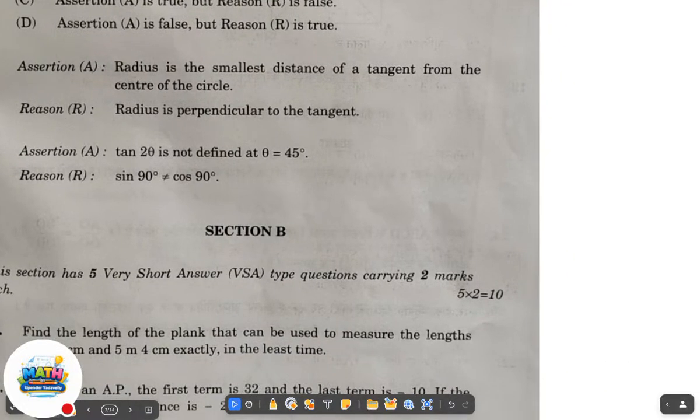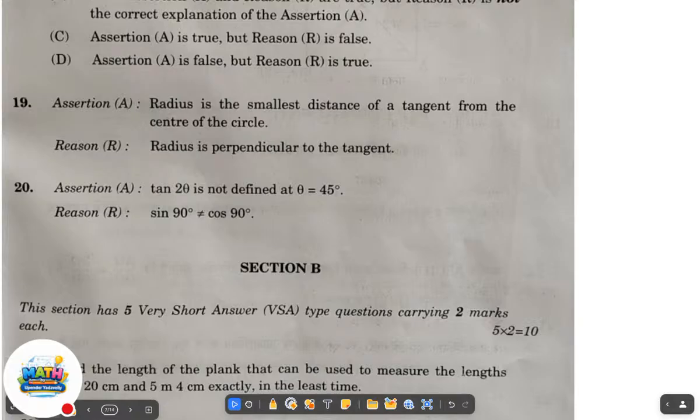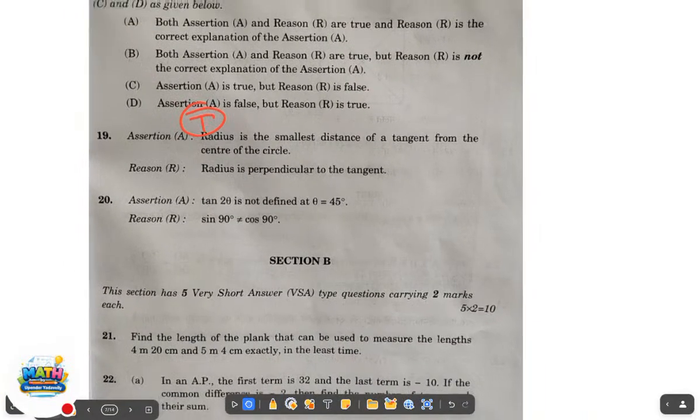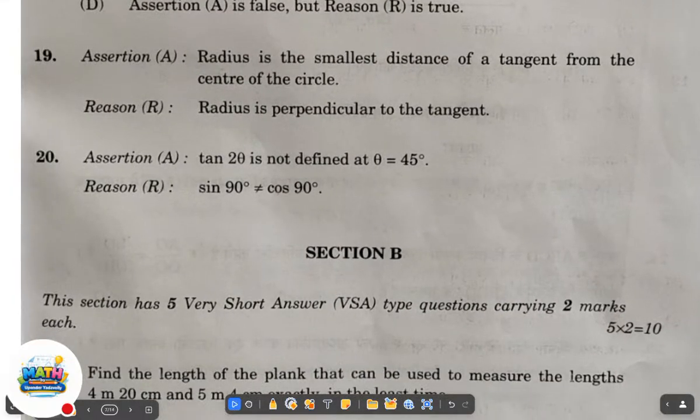Now the assertion and reason questions. Assertion: radius is the smallest distance of a tangent from the center of the circle. True, because it is the perpendicular distance from the center to the tangent, and that is the shortest. Reason: radius is perpendicular to the tangent.